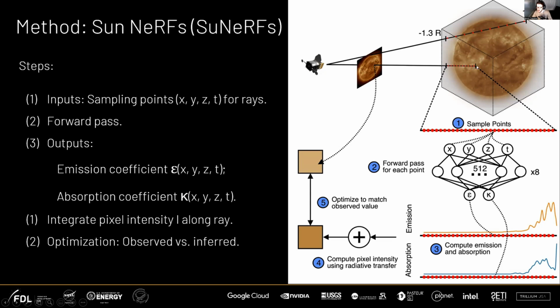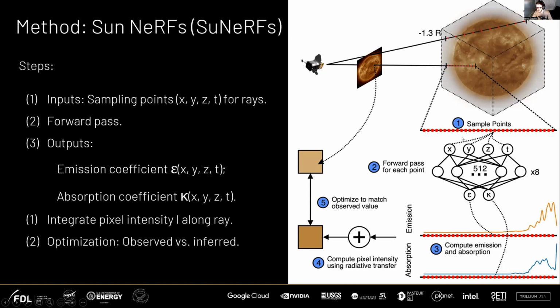For each of those sample points, we define a position and also a time, because we're not limited to just using images at one instantaneous time. We can actually use data that's time dependent, which is useful in the case of the sun because the sun has a strong time dependence. It's very dynamic. So we're going to be tracing light rays and defining a bunch of sample points basically within the volume. This is what's going to serve as the input data for the neural network.